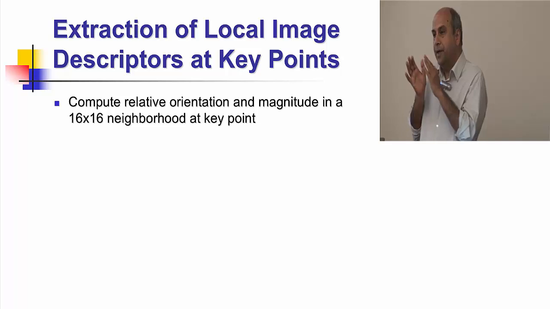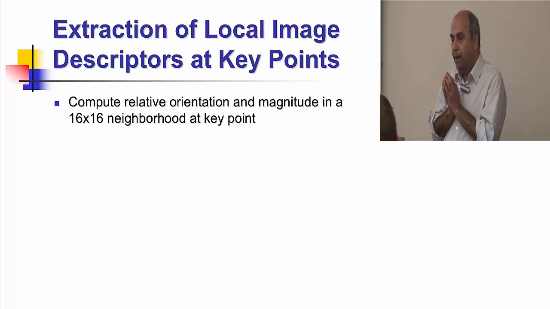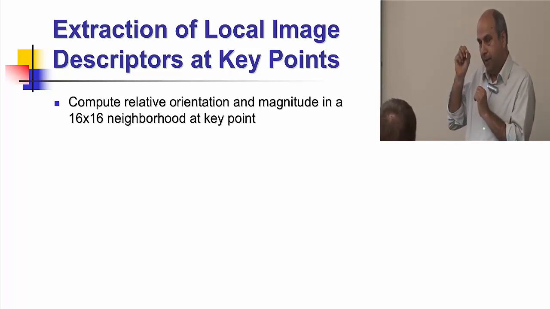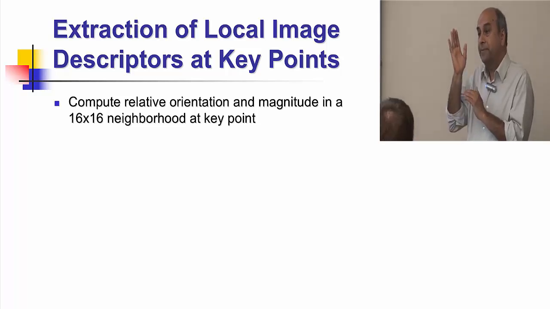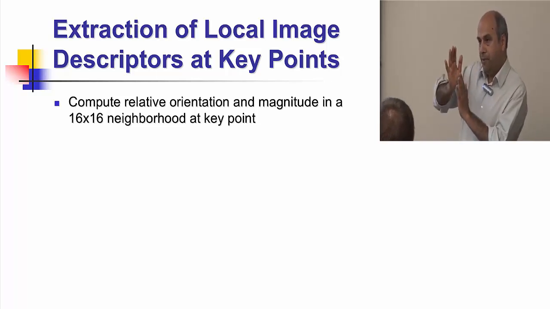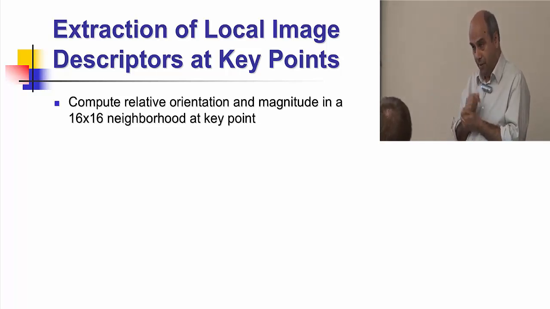So this orientation is relative. If you are looking at the particular pixel, the key point, now we look at the other pixel with respect to that. So that will not change even if you rotate the object, because that particular one is also rotating. So it's relative. It's not absolute with the x-axis or y-axis. So that's the reason it is invariant.